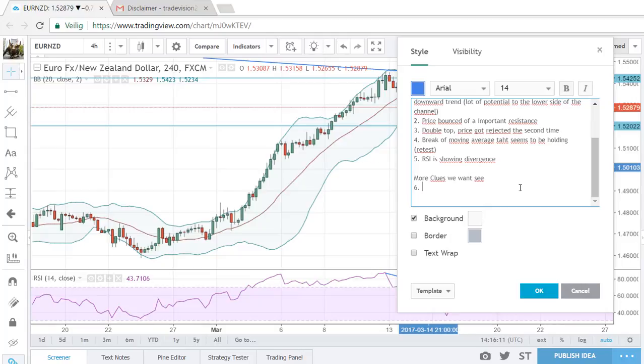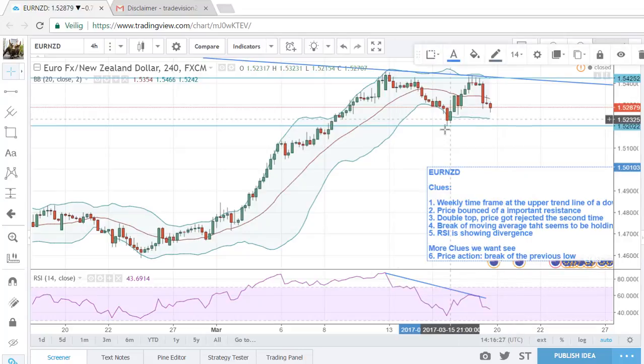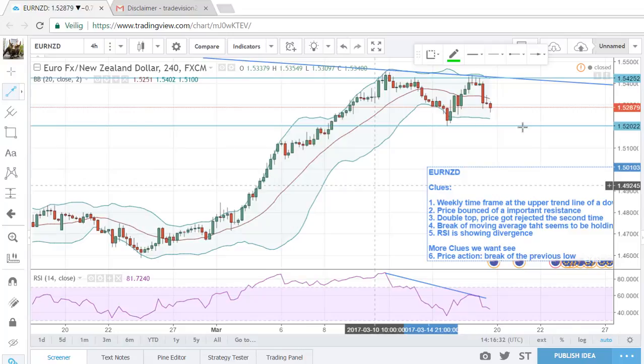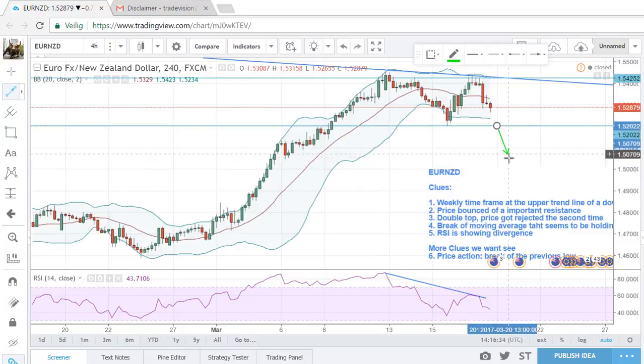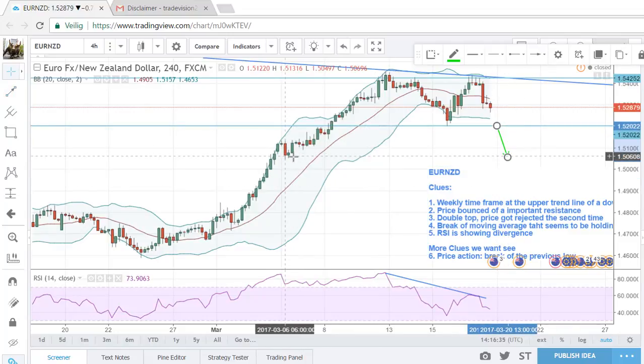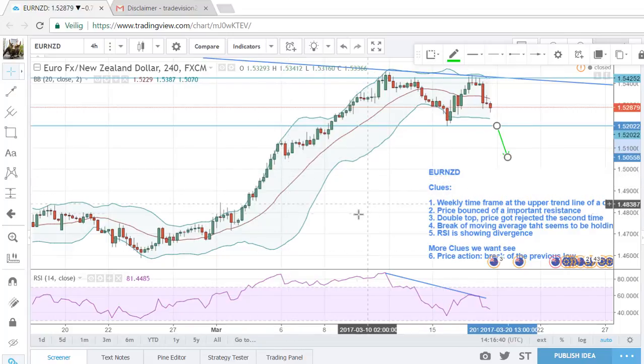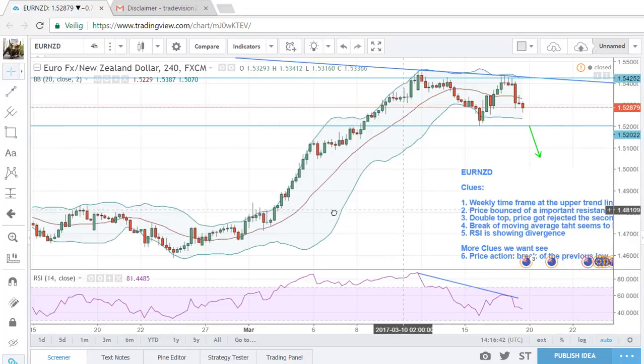So the price action: break of the previous low. This low needs to be taken out. If that happens, we will see some continuation to the downside. Little resistance over here, I think, but the way back down is pretty wide open.